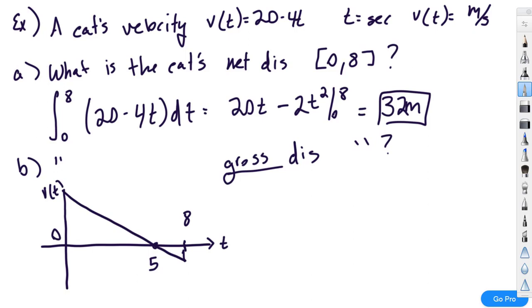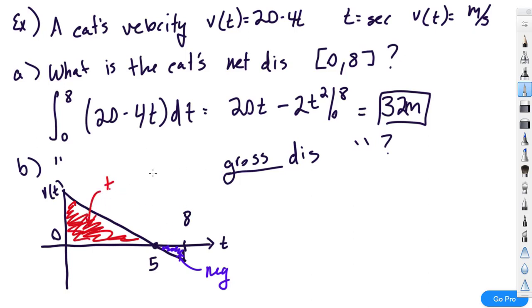Now, here's the thing: this area below the x-axis is negative, and the area above, which is right here, is positive.